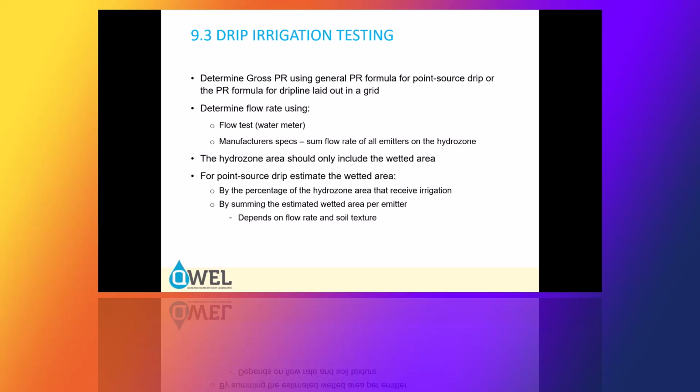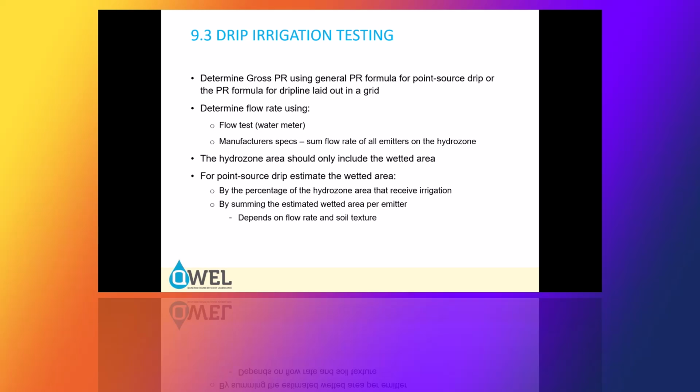When determining the application rate of a drip zone, the auditor can either perform a flow test using the water meters described in section 4.2 or look up the flow rate of the emission devices installed in the zone. But be careful to only include the area within the hydrozone that would be receiving irrigation in the precipitation rate calculation. Non-wetted areas should be removed from the precipitation rate calculation.